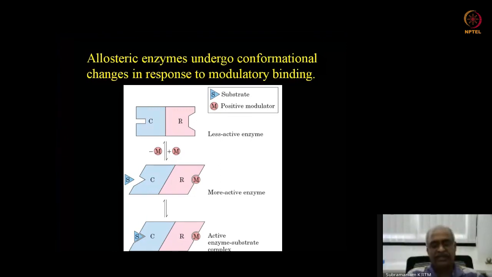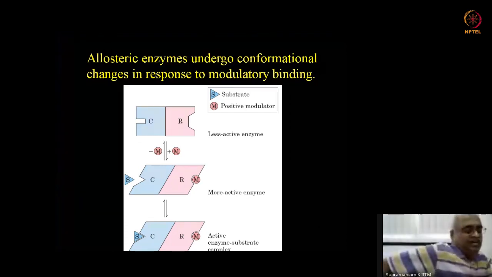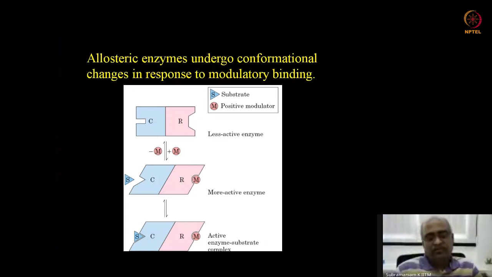Positive regulation, negative regulation. In a situation like hemoglobin, where substrate binding to one subunit activates substrate binding to another subunit, I told you these kinds of enzymes are called homotropic enzymes. So these homotropic situations, when the effect is positive, we call that positive cooperativity, because there is a cooperation among the subunits.